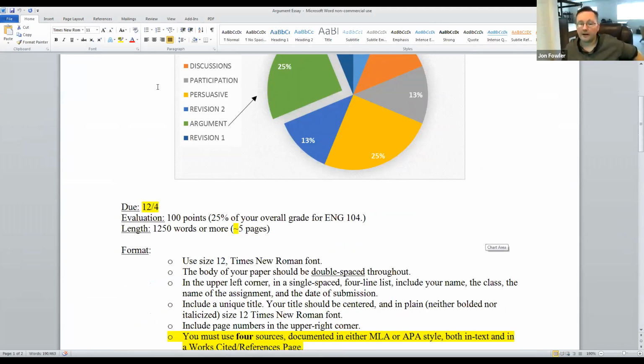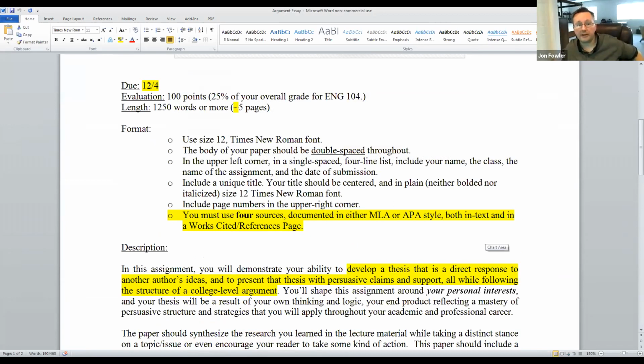So yeah, you can turn it in early, but it's not due until Friday, December 4th, which is the last full week of classes.